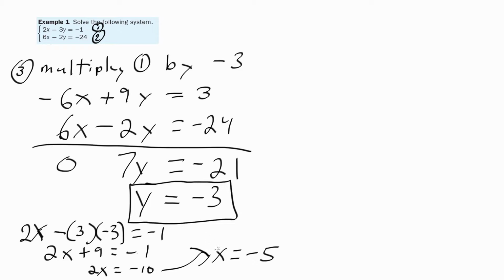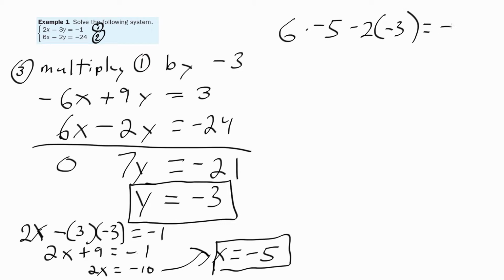Well, the next thing I want to do is to check my solutions and make sure these are right. I used equation 1 to find x, so I'm going to use equation number 2 to verify it. 6 times negative 5 minus 2 times negative 3 equals negative 24.